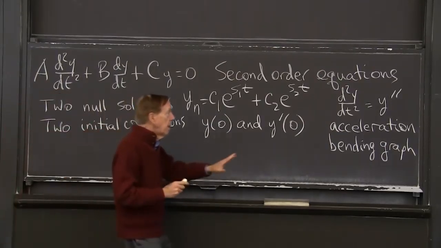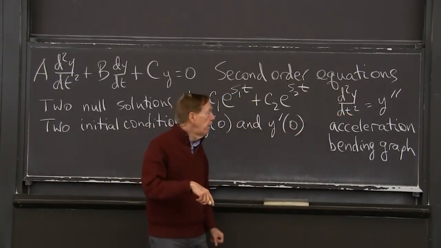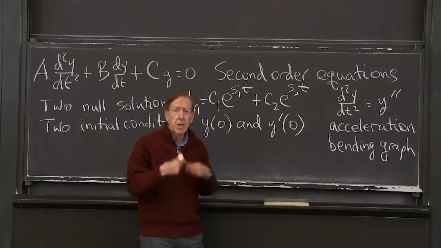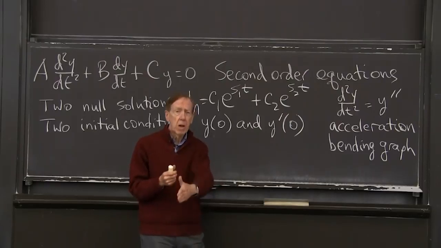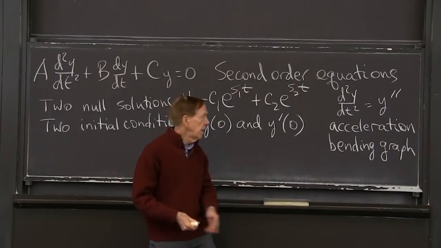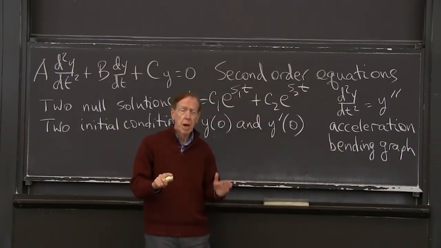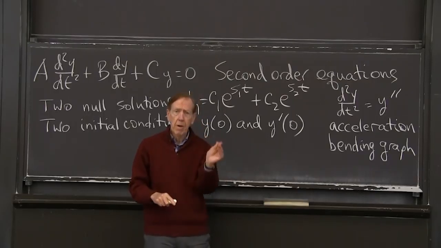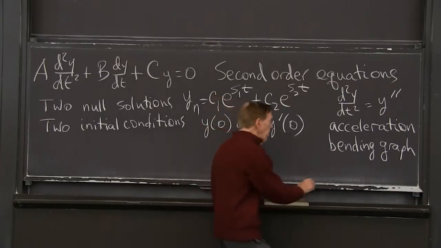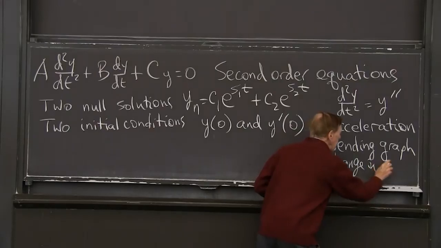And just to say again, the second derivative will be y double prime, and in physics it represents acceleration. Change in velocity, change in y prime, is y double prime. And in a graph of a function, y double prime shows up in the bending of the graph, because bending is a change in slope.